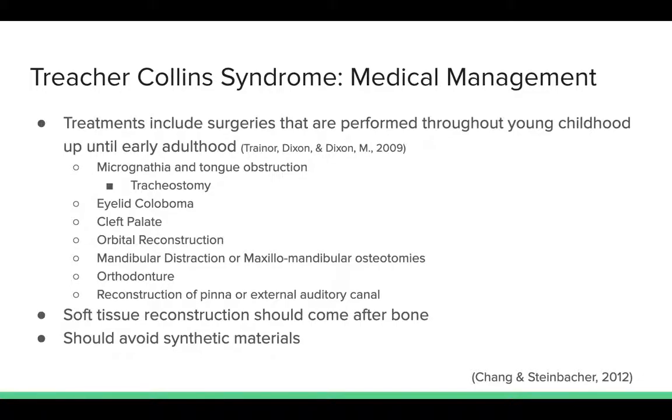And some patients opt not to, and that's okay too, but just referring back to case-by-case situation, these are some of the treatments or medical managements that can be completed.